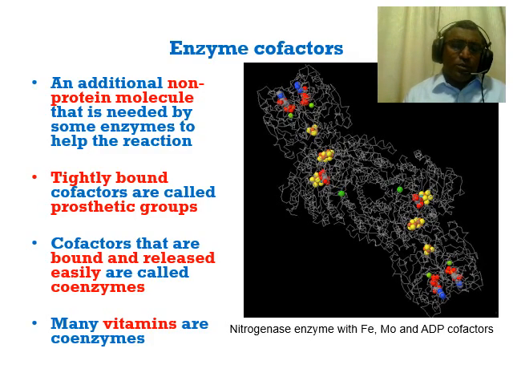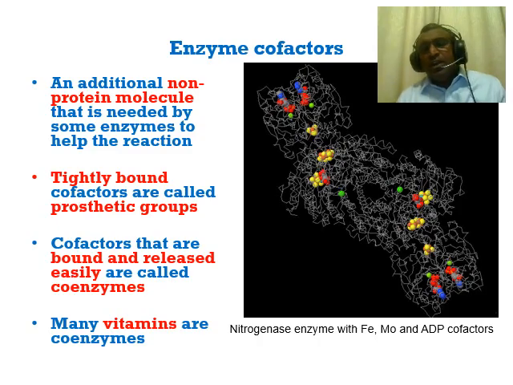Then you also have enzymes that do not function on their own, not entirely built as protein. They also need non-protein groups to ensure that the function is complete. For that purpose, the non-protein component of an enzyme is referred to as cofactors, and they are then divided into categories.